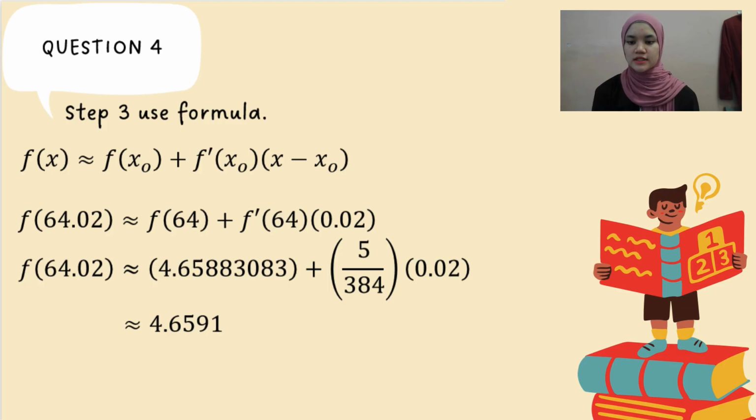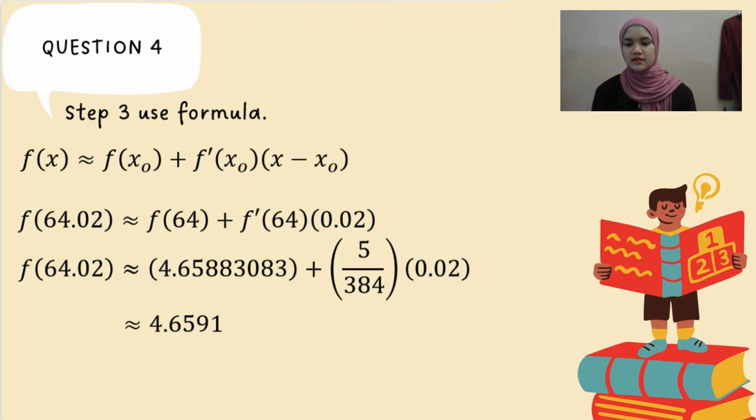For step 3, use the linear approximation formula. So f of x is approximately equal to f of x naught plus f prime of x naught times the quantity x minus x naught. For step 4, substituting the values, f of 64.02 is approximately equal to f of 64 plus f prime of 64 times 0.02.